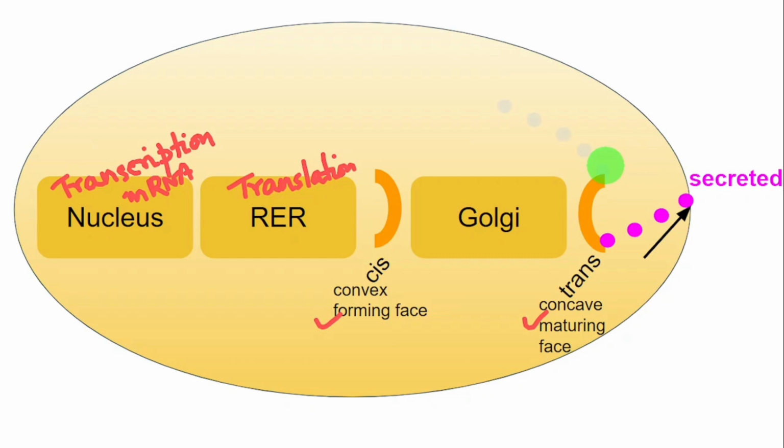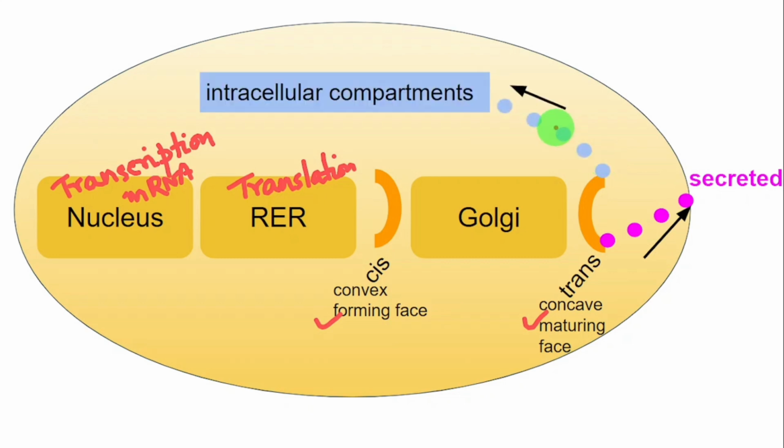And then there are other vesicles that will carry the modified protein to other intracellular compartments. So Golgi plays the role of modifying the protein and then packaging it either to be secreted out of the cell or to be delivered to another compartment, an intracellular organelle.